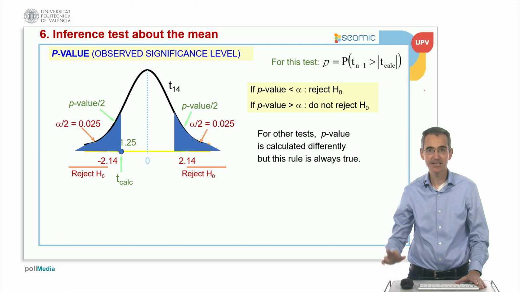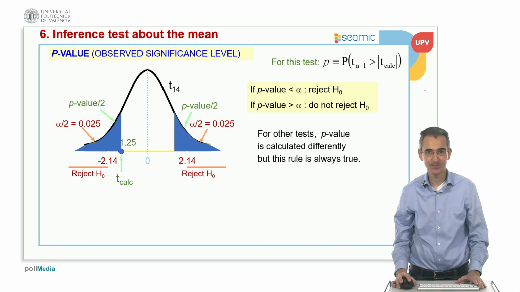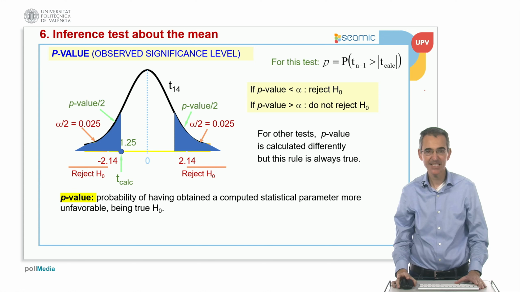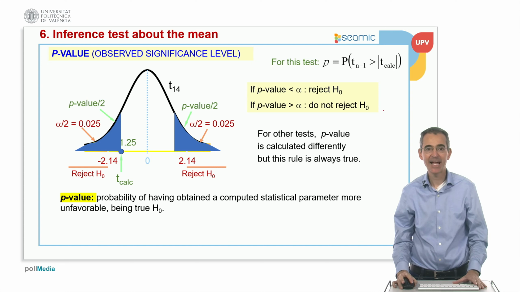For other tests, the p-value is calculated differently, but this rule that appears here is always true. And this is the same definition that I gave you in a previous video. I know that it is quite abstract, but try to think based on this graph. The probability of having obtained a computed statistical parameter more unfavorable, being true the null hypothesis. So we assume that the null hypothesis is true.